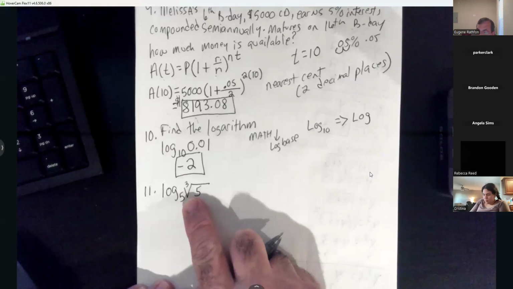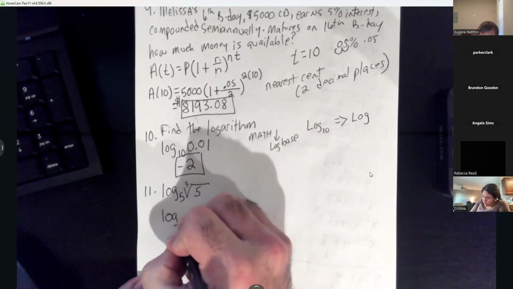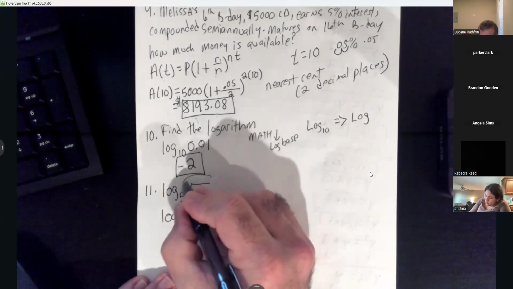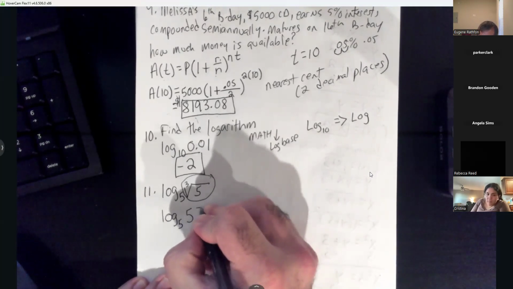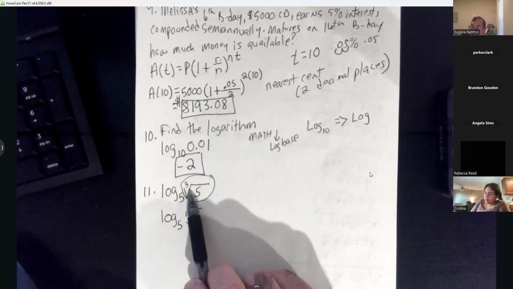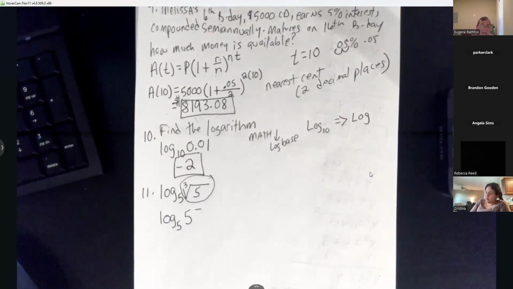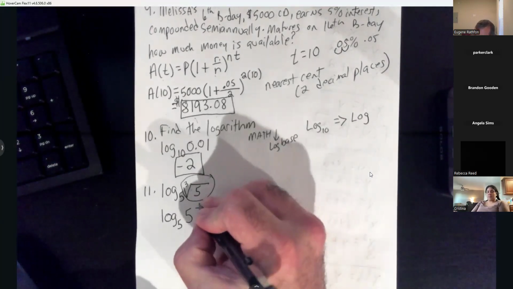But y'all, what I would do to this is rewrite it. I would bring out that log base 5, and I'm going to rewrite this part right here as 5 to what exponent? Do y'all remember how I rewrote these radicals? And y'all, I'll give y'all a clue. It'll be a 1 over something.